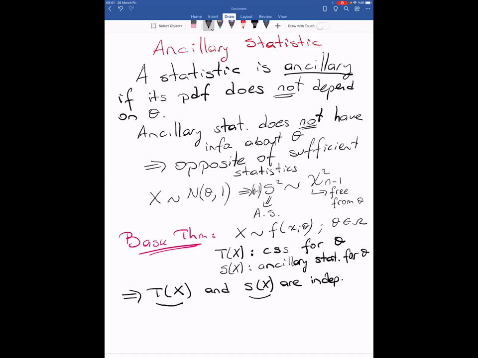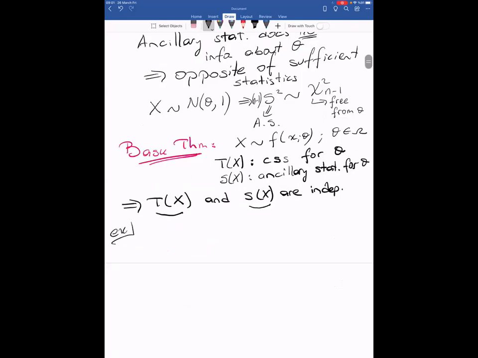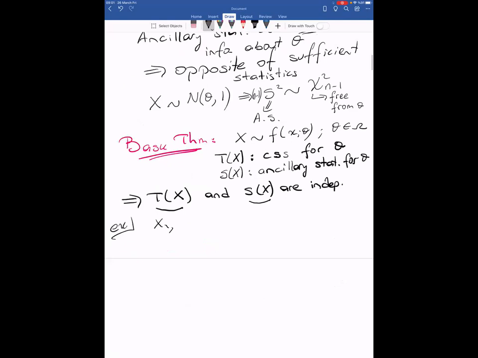Using Basu's theorem, everything will be very easy. Let's look at this normal example first. Let's say we have an IID random sample from normal with mean mu and variance sigma squared, and let's assume that sigma squared is known. From the previous semester, you can show that this is an exponential family distribution, and you can easily show that x bar is a complete sufficient statistic for mu.